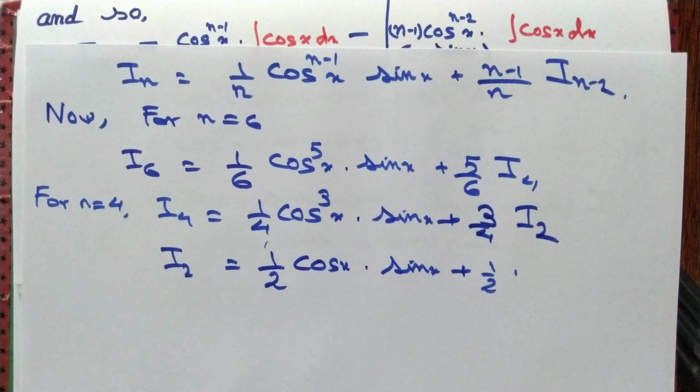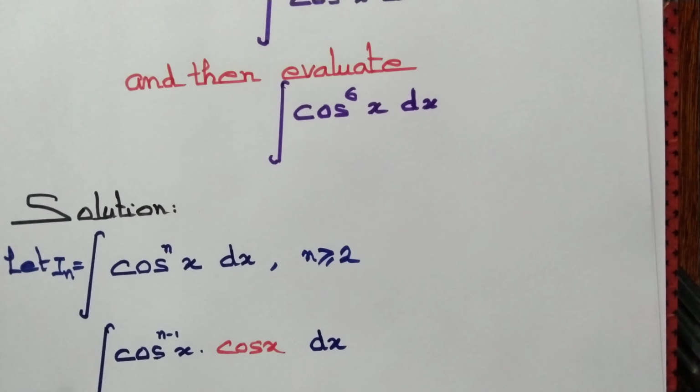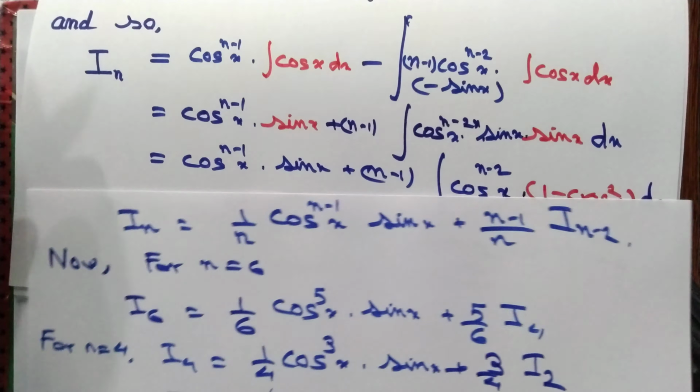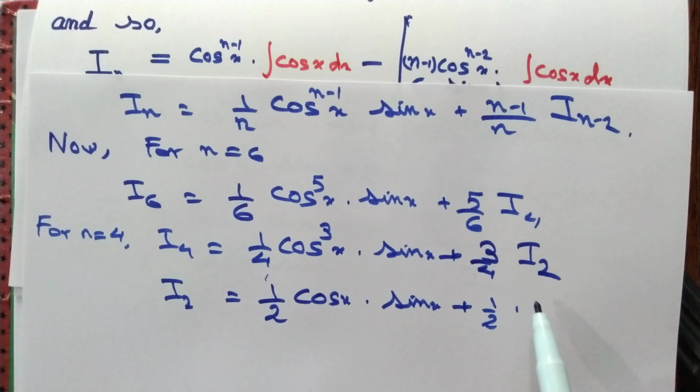How much is I_0? I_0 is simply the integral of cos to the power 0 x dx, that is just 1, and the integral of 1 is simply x. So I_0 is simply equal to x.